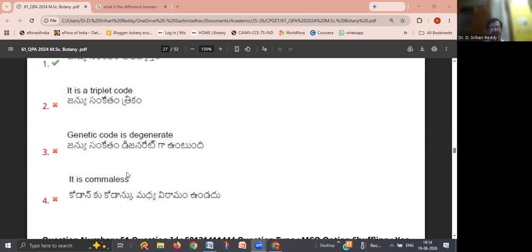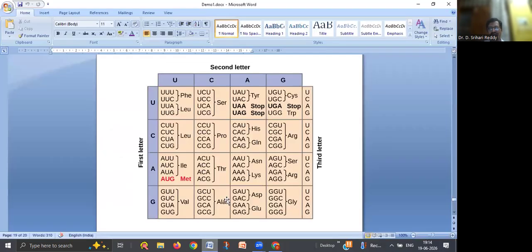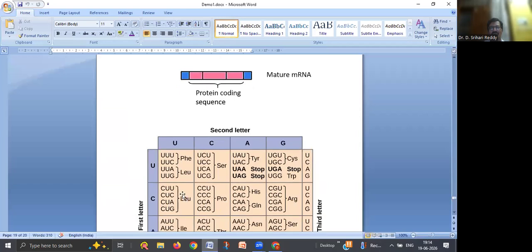So we should not choose it, because they are asking for the wrong statement. Next, the genetic code is commaless. Yes, it is also right because there is no gap. If you see the genetic code, the nitrogen bases are arranged continuously in the mRNA. Each 3 of them code for an amino acid.